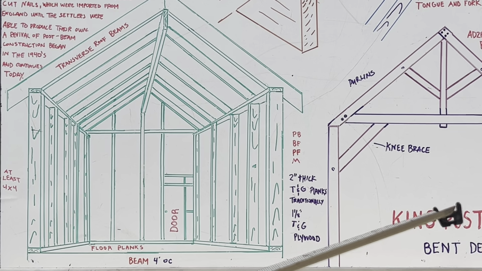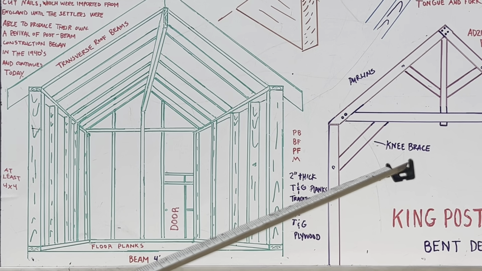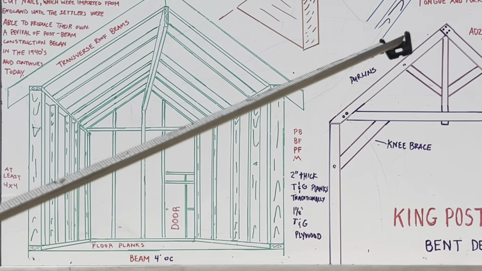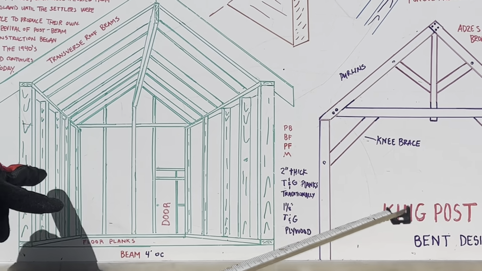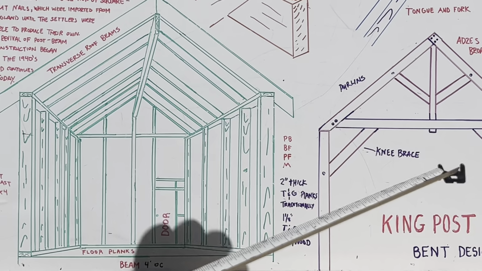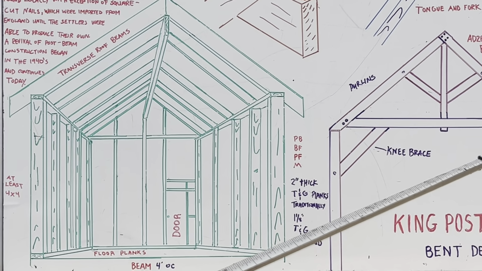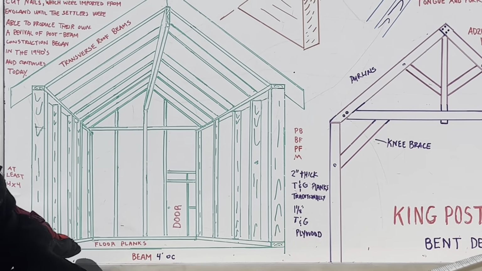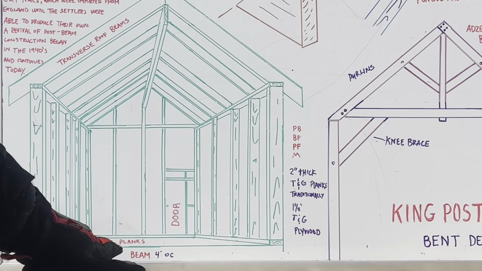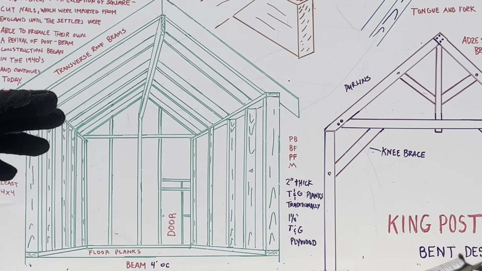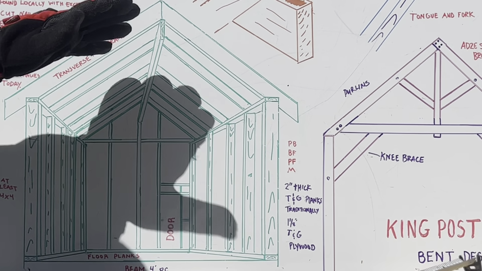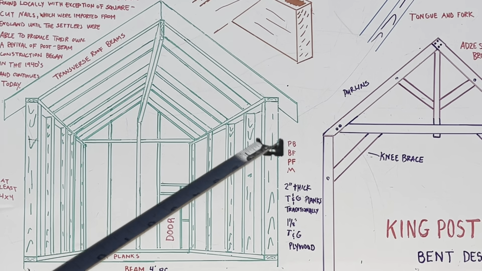So with post and beam, the basic framework of a building consists of vertical posts, okay? These are your vertical posts and horizontal or sloping beams, okay? So right down here, this is a horizontal beam. Right here, what would be called your rafters, these are sloping beams, or like I said, transverse roof beams, okay?